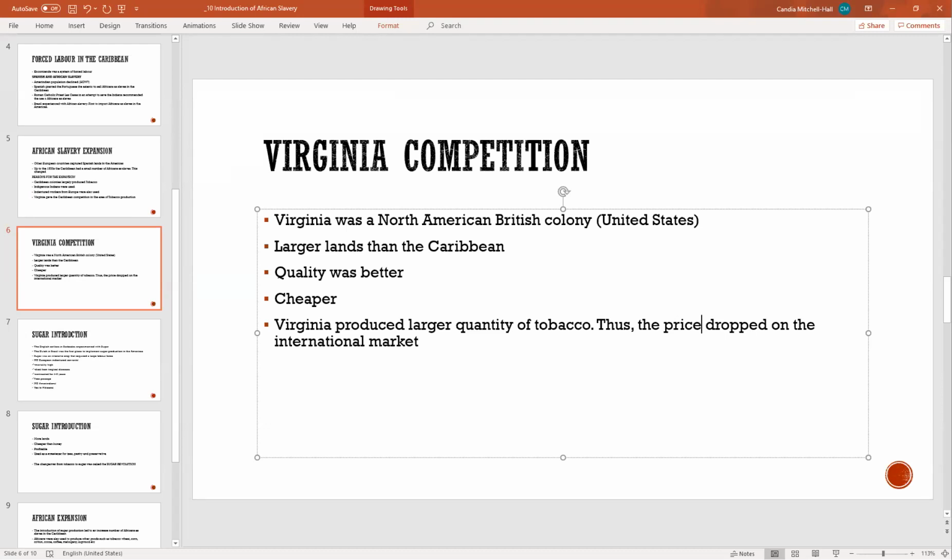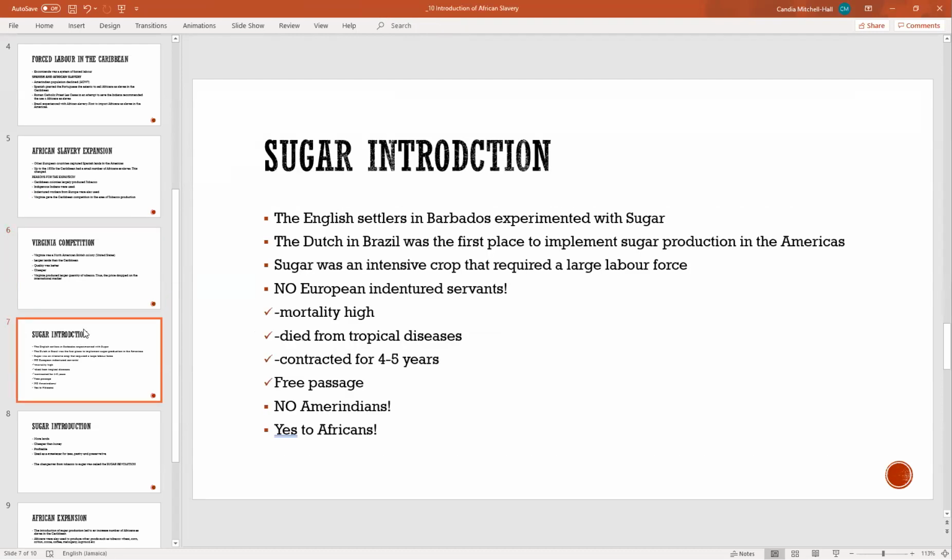They are selling it at a cheaper rate, and the Caribbean just could not compete with Virginia. The Caribbean is doing so badly, whether the French Caribbean, the Spanish Caribbean, or the English Caribbean. We're all doing poorly when it comes to tobacco production.